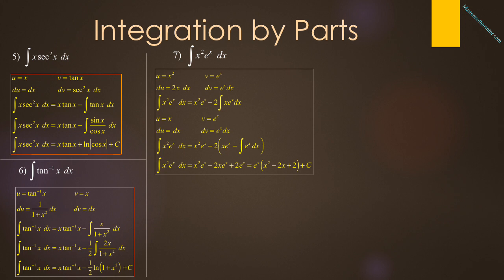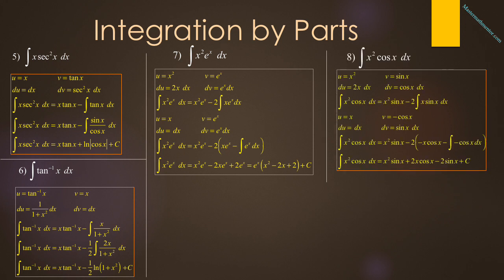Eliminating the parentheses, we get our final answer as x squared e to the x minus 2x e to the x plus 2 e to the x. And conveniently, we can factor out an e to the x times the quantity x squared minus 2x plus 2, plus c.